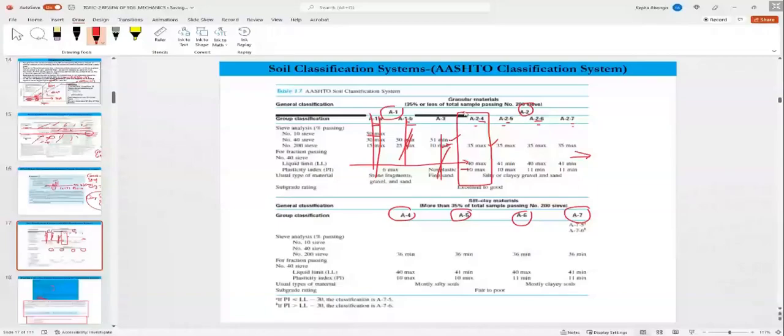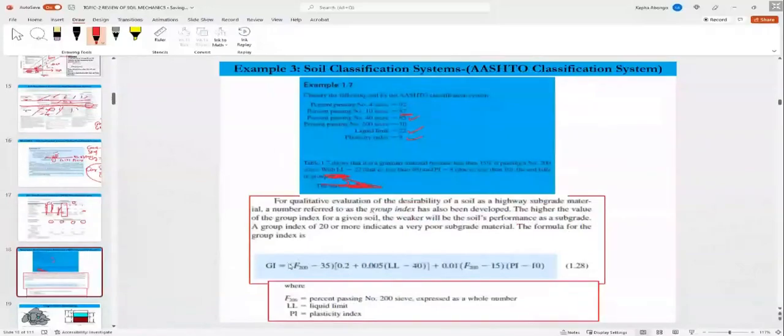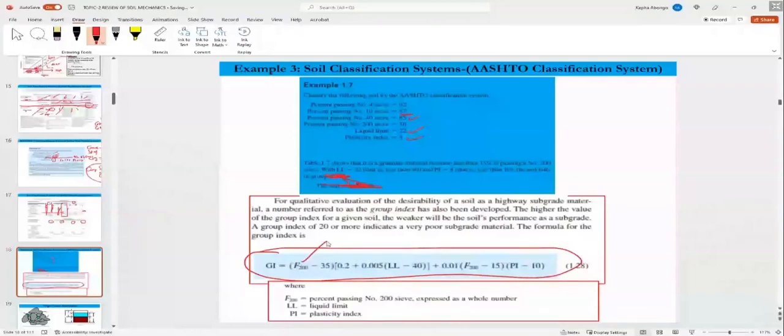Now, with the AASHTO classification, we also need to determine what is known as the group index. Okay, and the group index is determined given that formula. So F200 is percentage finer than sieve number 200. Give it in percentage. Don't give it as a decimal.